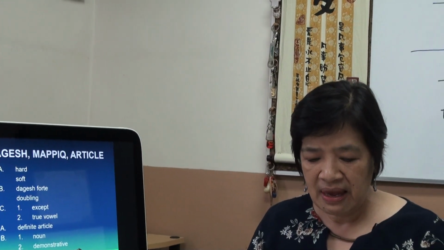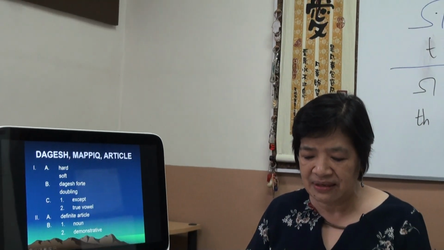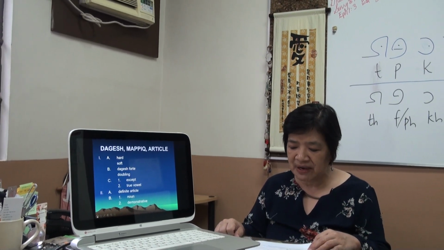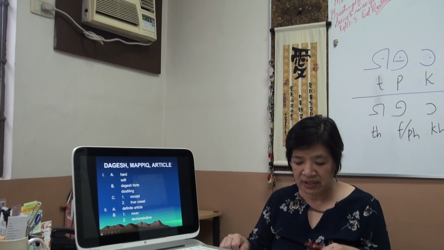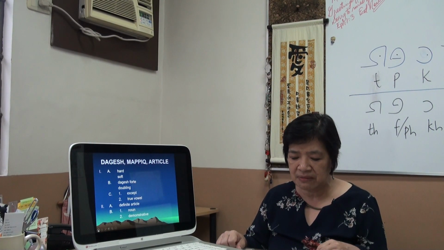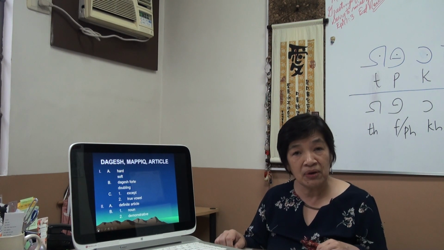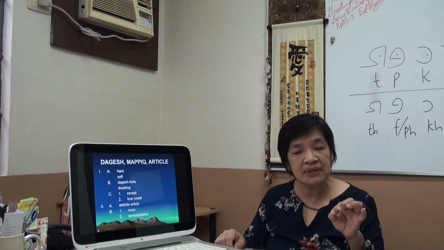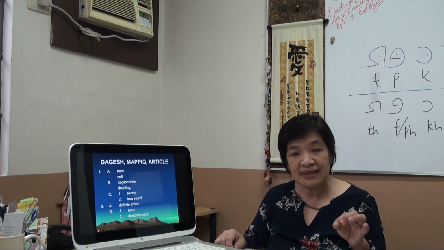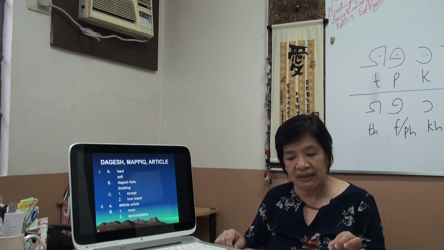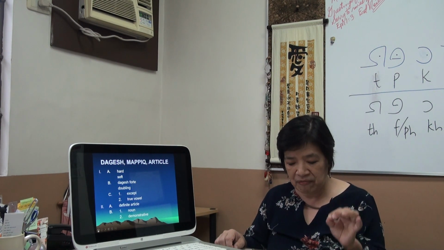The question now is, how can we distinguish a Dagesh Lene from a Dagesh Forte? One: a dot on any letter except the Bagat Kafat and the gutturals is a Dagesh Forte. Two: a dot on a Bagat Kafat letter is a Dagesh Forte if it's preceded by a true vowel. So the missing word there is true vowel. So how do I know if it's a Lene or a Forte? If your dalet, for instance, in this example, is also a Bagat Kafat letter, how do I know if the dot there is a Lene or a Forte?